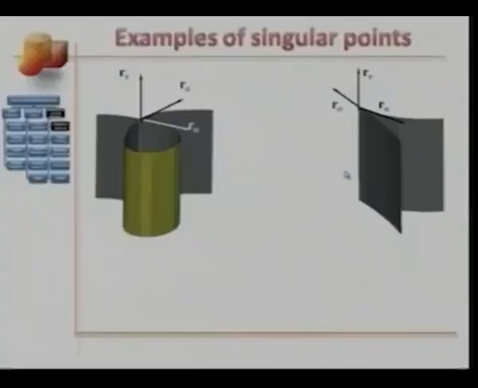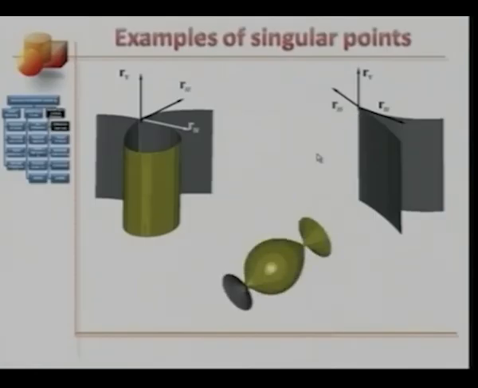Something very similar. If you look at this point, you will have non-unique tangents along the U direction. So you'll have multiple directions pertaining to r sub u, while you'll have a unique direction pertaining to r sub v. Once again, one of the tangents is non-unique, and therefore all the points on this edge are singular points.